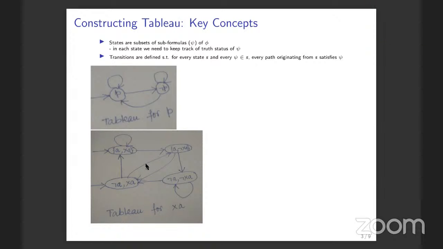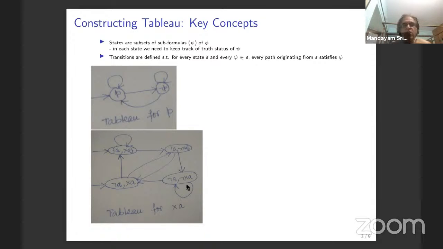Sir, how can this be true? The lower right node has a transition to the lower left node, right? So how does this path satisfy not XA? Yeah, what is not X? Okay, sorry, mistake.